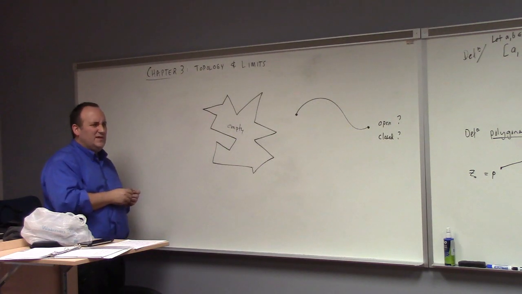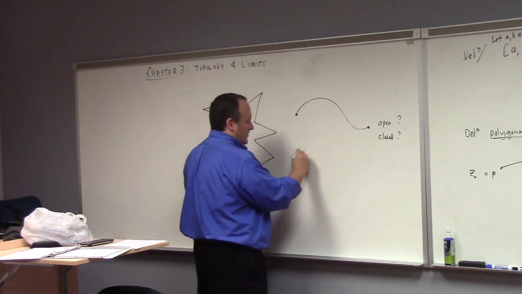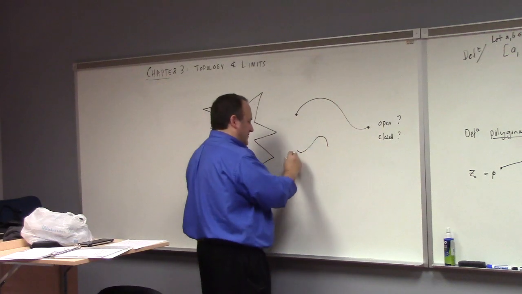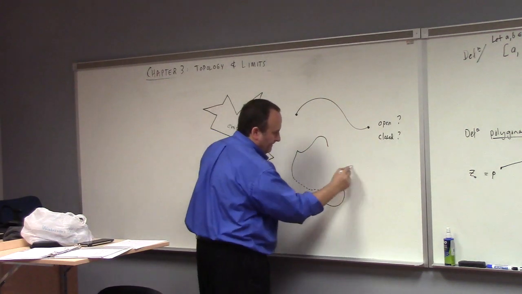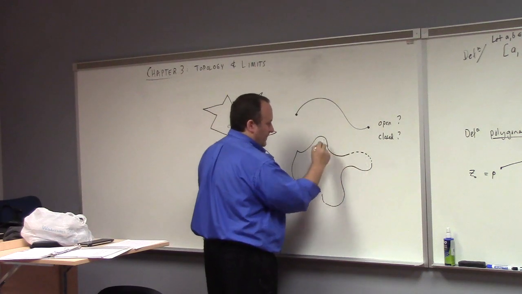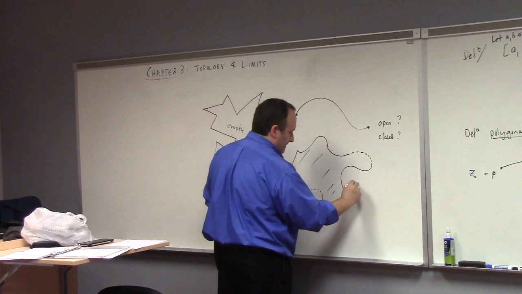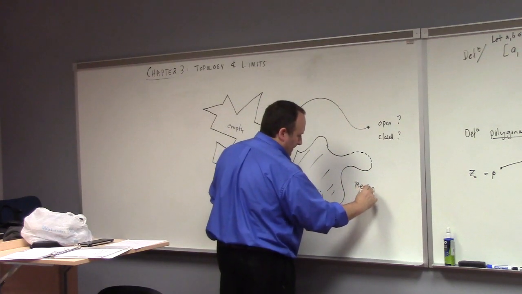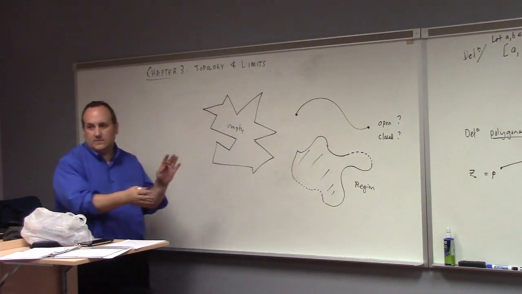So we want a region to be something like the thing I had on the board and erased earlier would be a region. All right, this would be an example of a region, because it's connected, right?